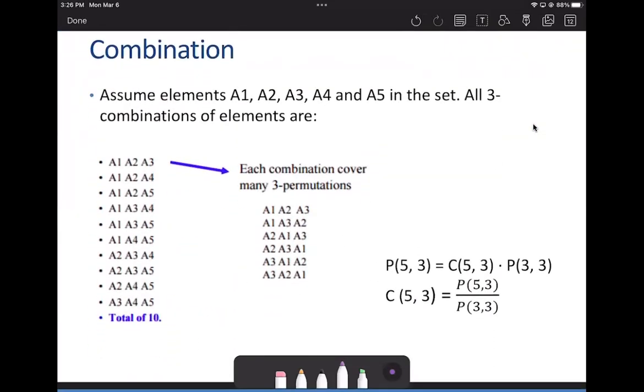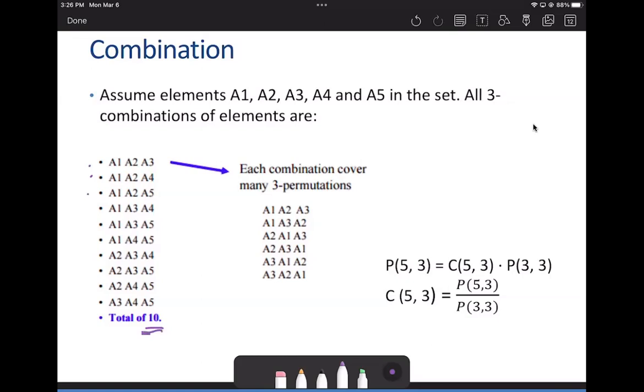Assuming that the elements A1, A2, A3, A4, and A5 are in the set, all three-element combinations are A1, A2, A3, or A1, A2, A4, A1, A2, A5, etc. A total of 10.